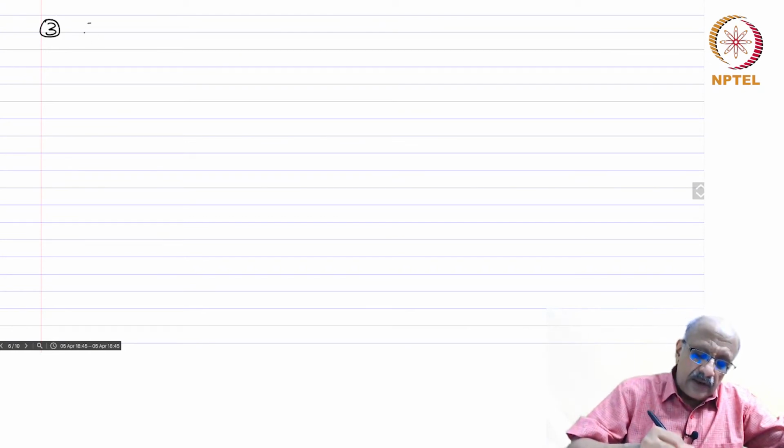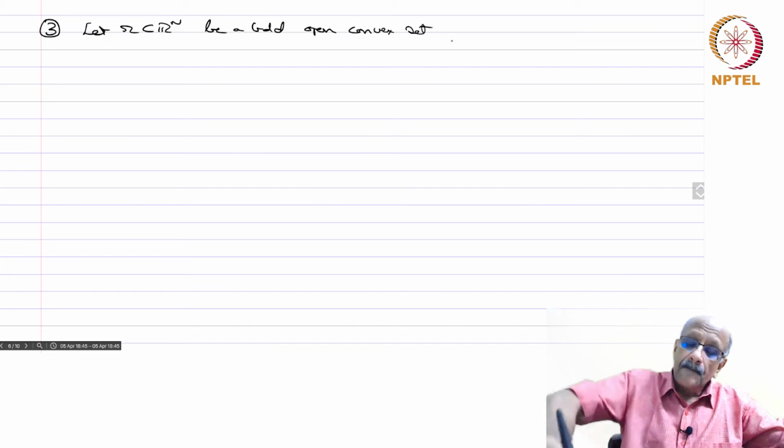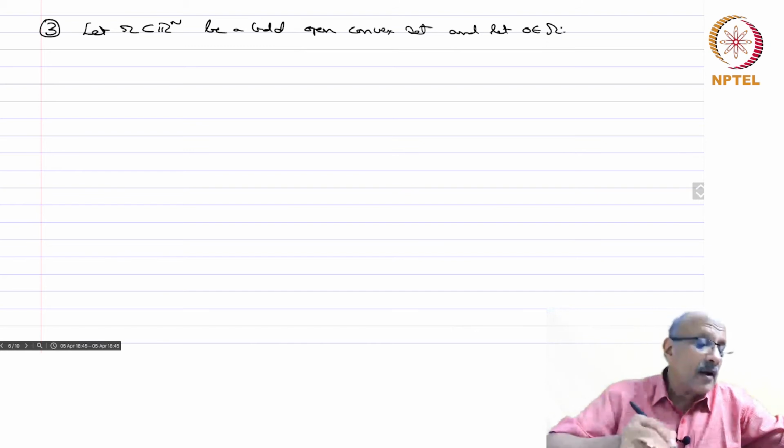So let omega contained in R^n be a bounded open convex set, and let 0 belong to omega.